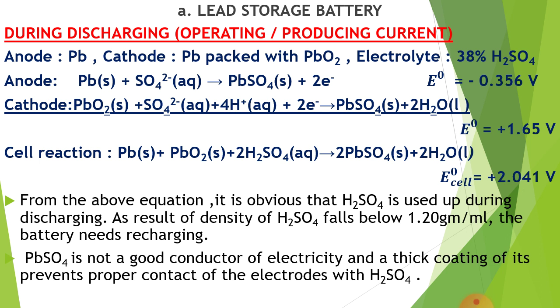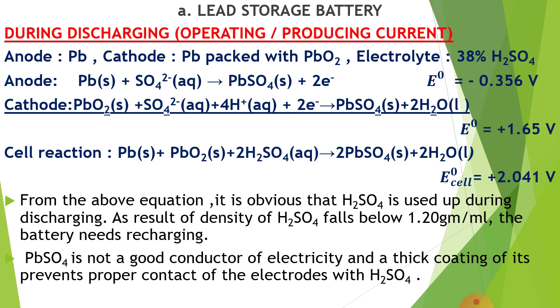Now some more points you have to know. From the above equation, it is obvious that H2SO4 is used up during discharging. As a result, the density of H2SO4 falls below 1.20 gram per ml.